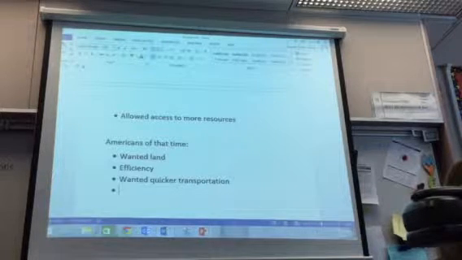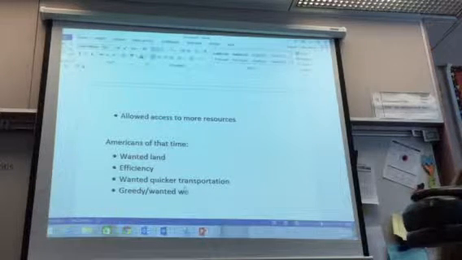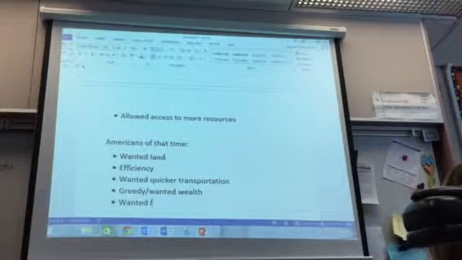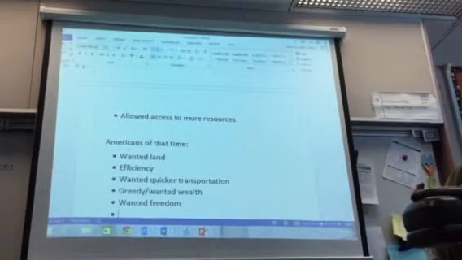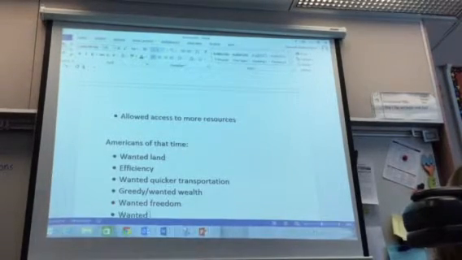They wanted wealth. Greedy, huh? Don't we all want wealth? Affluence. They want to be free, like others. Freedom, lots of freedom. They wanted resources.